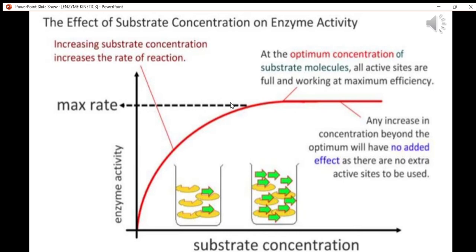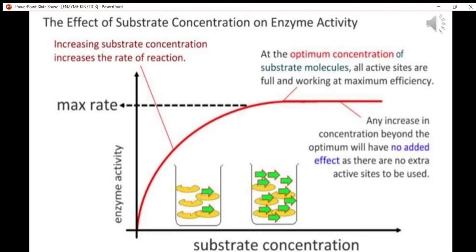So the graph is curving towards the right. It's because when the substrate concentration is lower compared with the active sites of the enzymes, as we add more of the substrate, more of the enzymes are able to do their work. Fewer enzymes are sitting lazy.